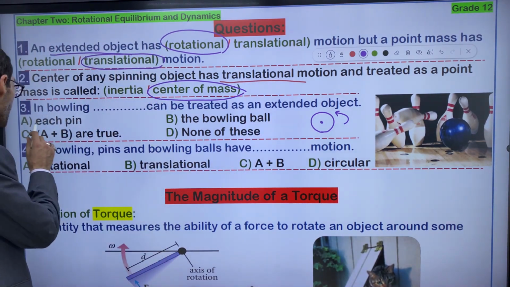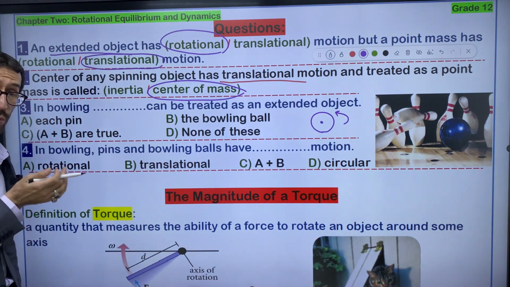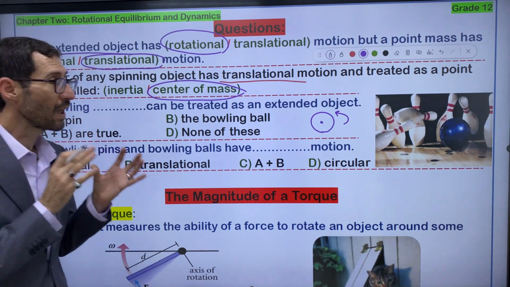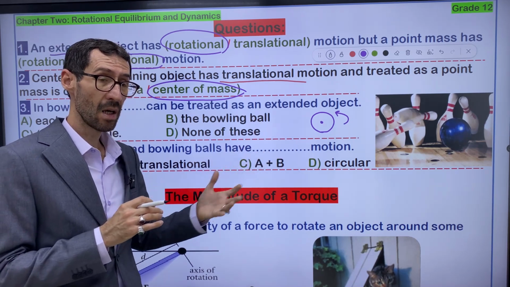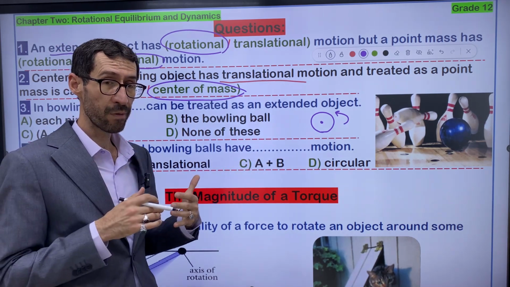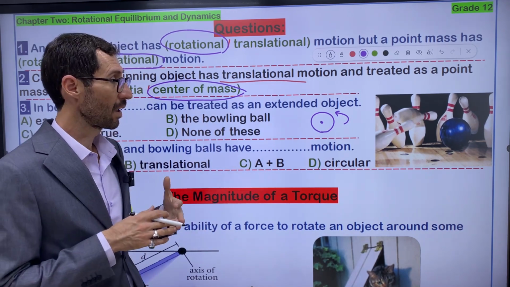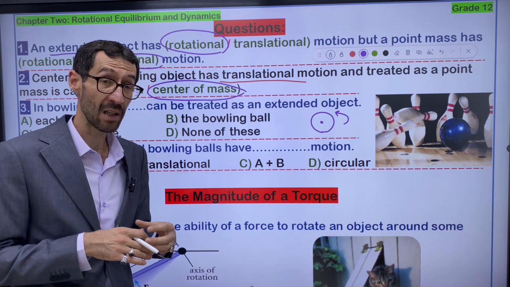Which one? A, each pin, it's true, right? Because whenever the bowling ball strikes the pins, the pins fly backward. The pins rotate about themselves.